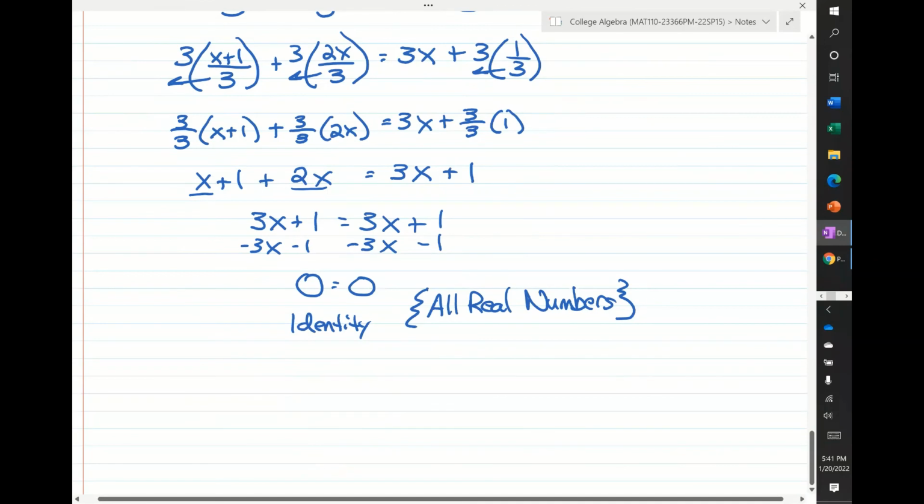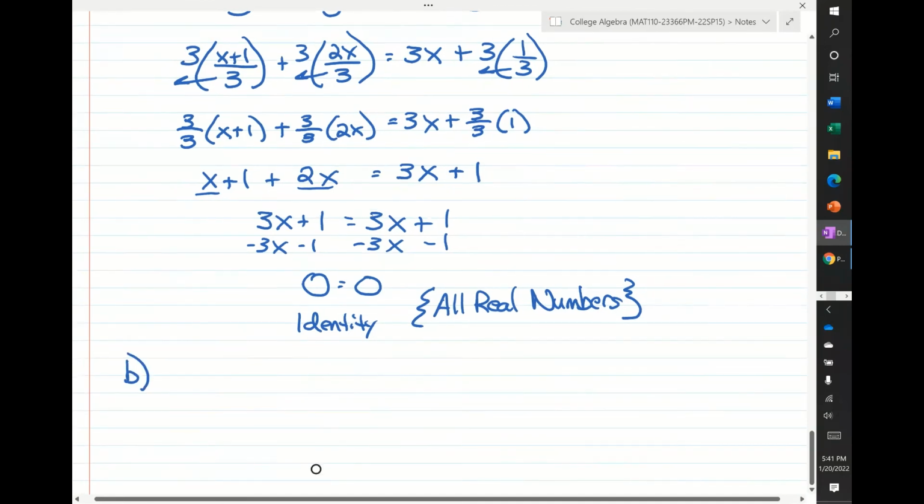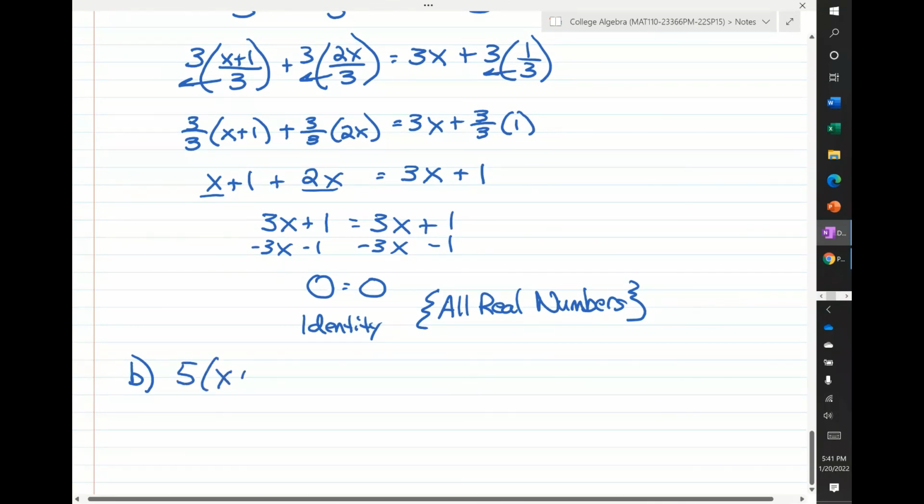The last problem to finish out this section is if we had 5 times x plus 2 minus 2 times x plus 1 is equal to 3x plus 1. In this problem, we'll finish out with percents and proportions.